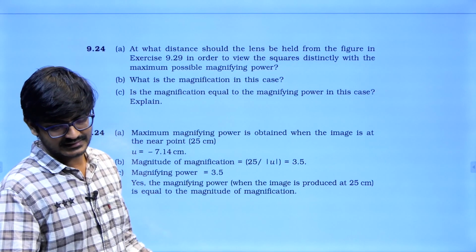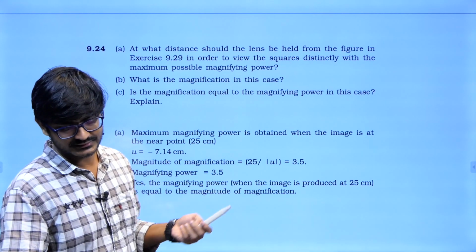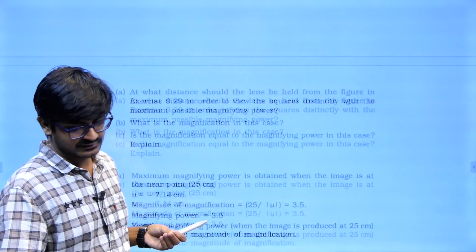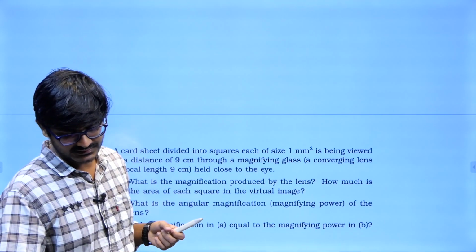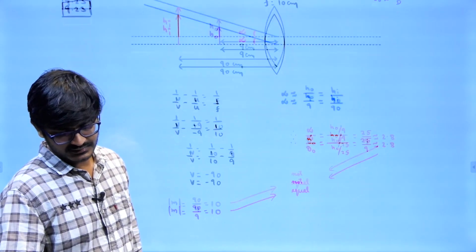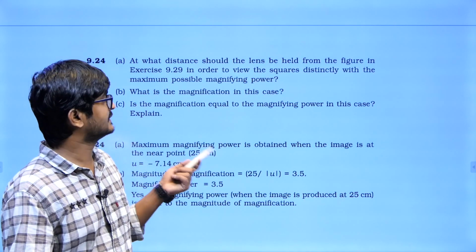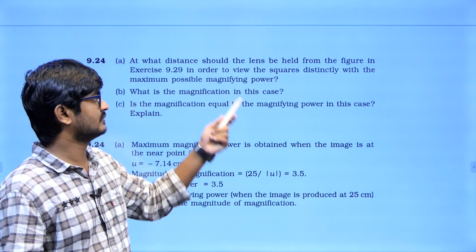But if you look at the next question, where they say, at what distance should the lens be placed in the figure in exercise 9.29, but it is not 9.29, it's the same question, it is 9.23, with maximum possible magnifying power.